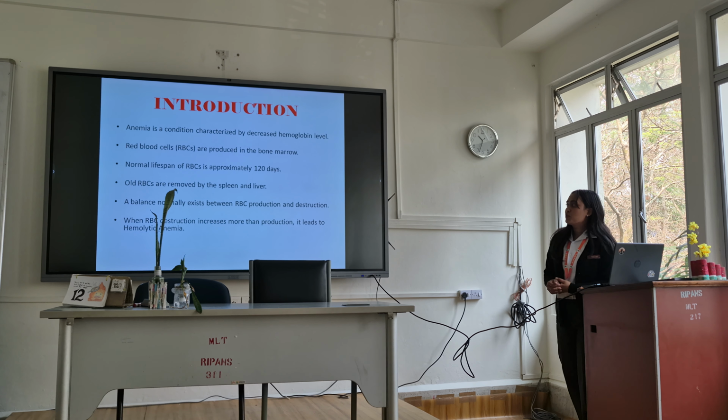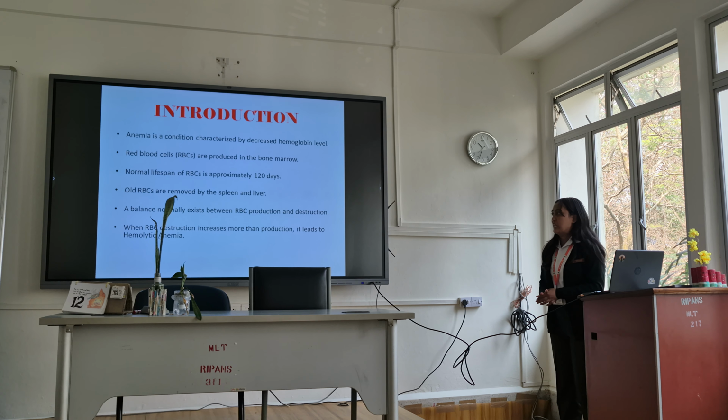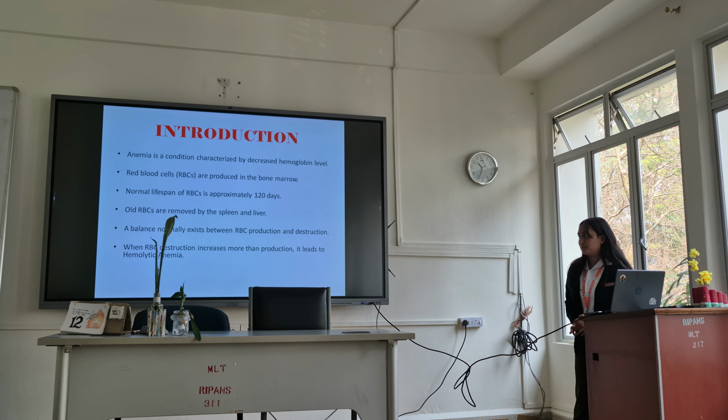As I've already told, all RBCs are removed by the spleen and liver, and there is always a balance between RBC production and destruction, because the bone marrow continuously produces new RBCs to replace the old ones which are destroyed by the spleen and the liver, which keeps the RBC count and oxygen transport normal in a healthy person.